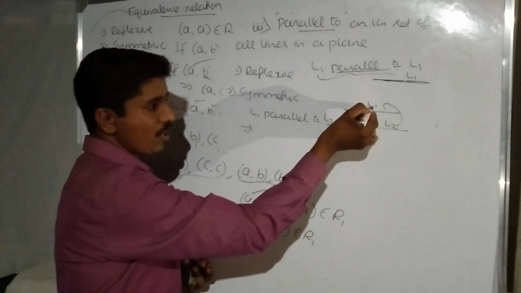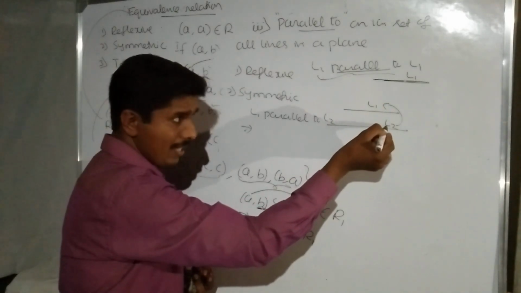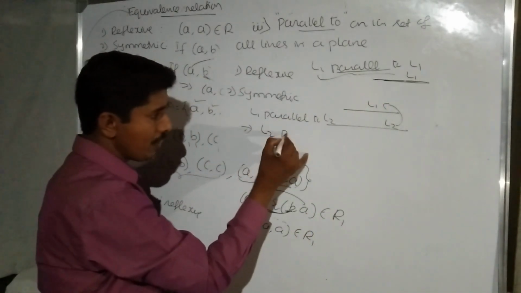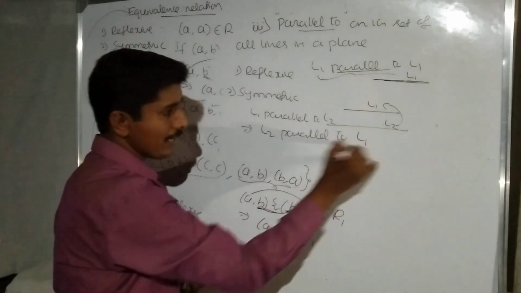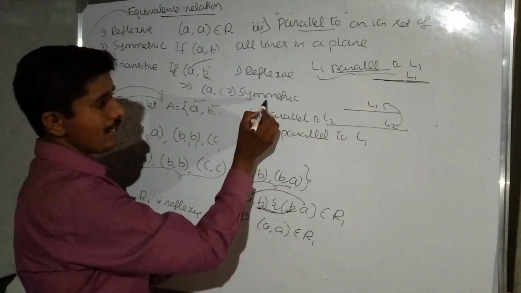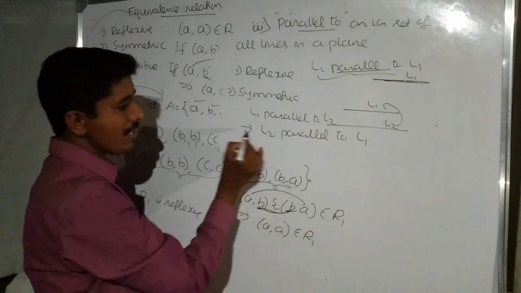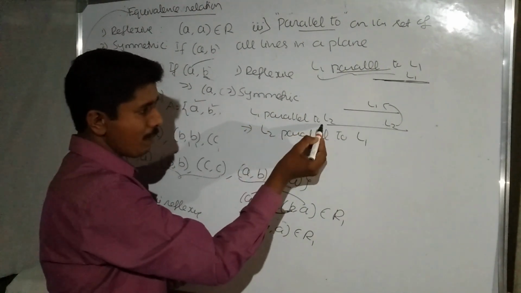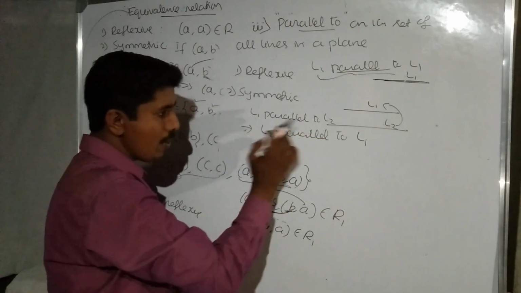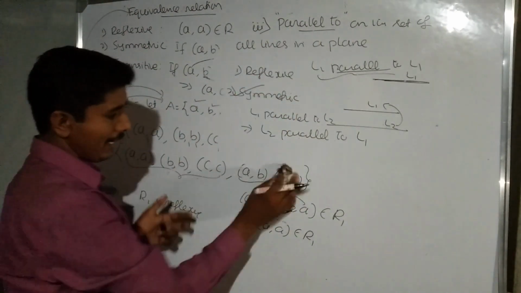L2 is also parallel to L1, because both L1 and L2 are parallel to each other. Therefore, parallel to relation is symmetric, because A related to B implies that B related to A. L1 is parallel to L2, then L2 is parallel to L1. Therefore, relation parallel to is symmetric.